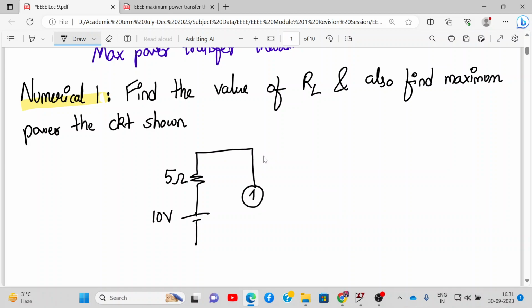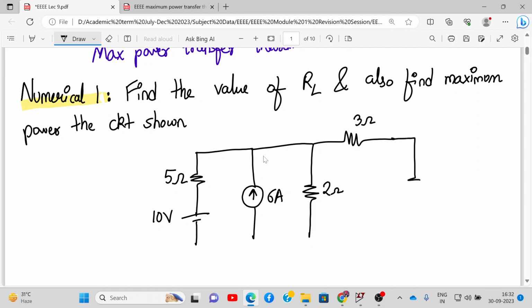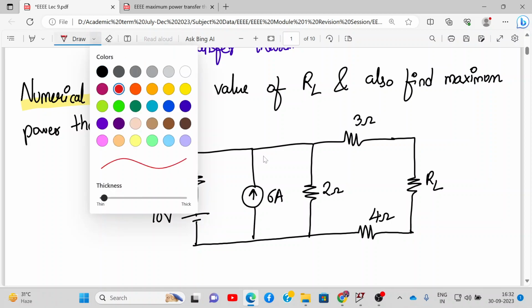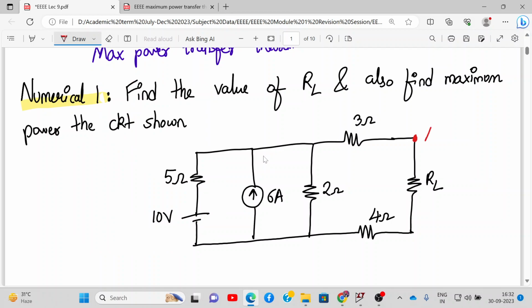Over here I have a 6 ampere current source, then a 2 ohm resistance. Here I have a 3 ohm resistance, and here is my RL, whose value is not given; we have to find that value. And here we have a 4 ohm resistance. Basically we need to find out the maximum power. The points over here are my A and B.